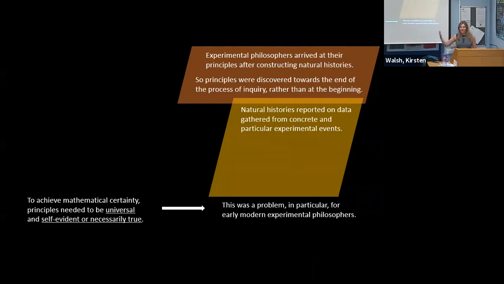Now, Hume was still a fair way off, but even the 17th century natural philosophers recognized, well, they didn't call it the problem of induction yet, but they recognized that there was a problem with reasoning from particulars to generals and maintaining that kind of certainty.